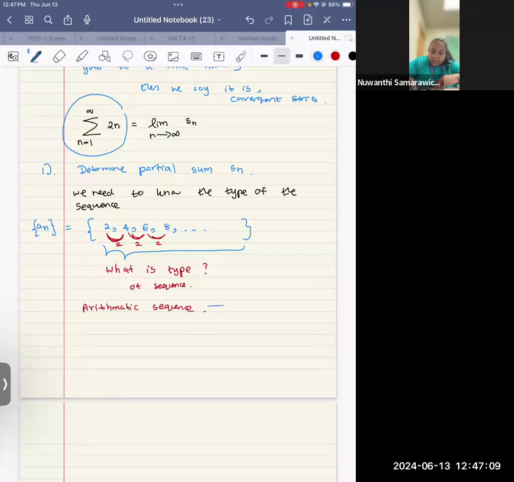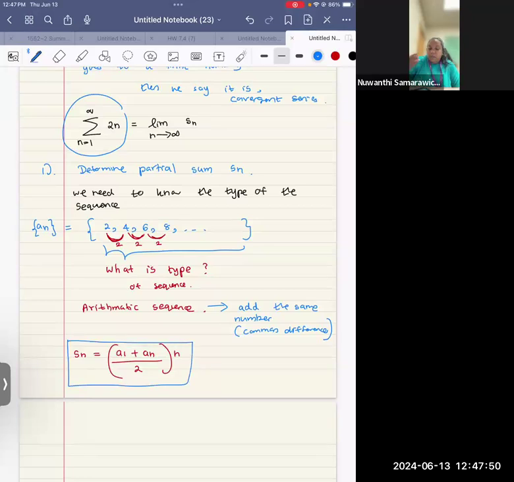The idea is you add the same number, or common difference. If you have an arithmetic sequence, then the partial sum of the sequence is the first term plus the last term, divided by 2, multiplied by n.